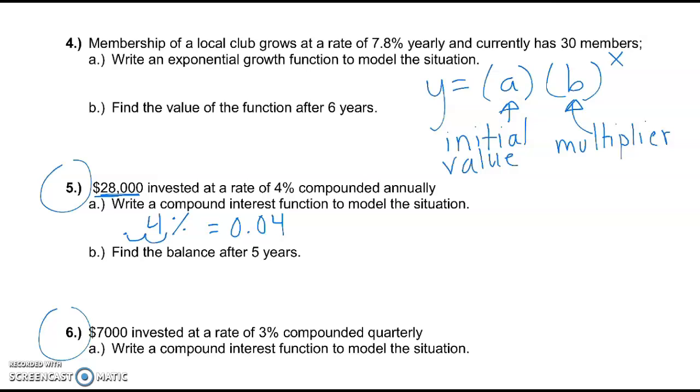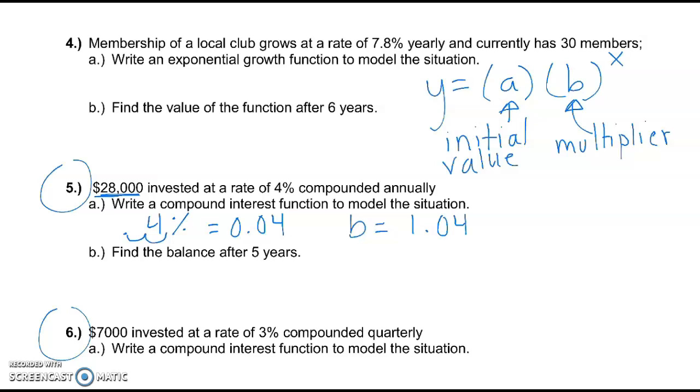Remember that my multiplier is going to have to be 1.04. That 1 accounts for the original $28,000. If I just multiplied by 0.04, then the amount of money in my account would decrease, and I need to show that it's increasing. The 0.04 accounts for that 4% increase on top of that original money.